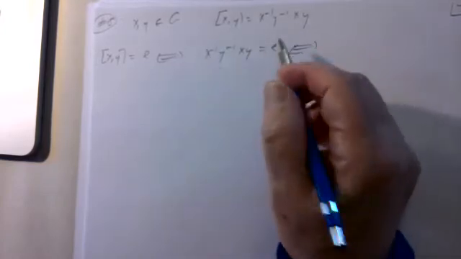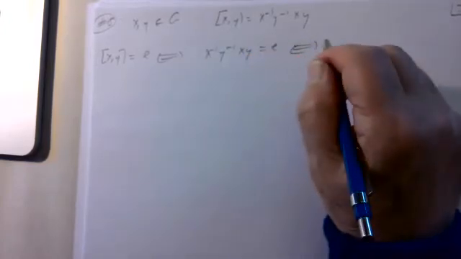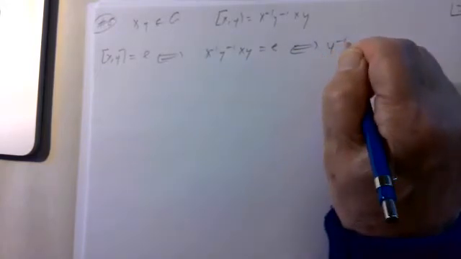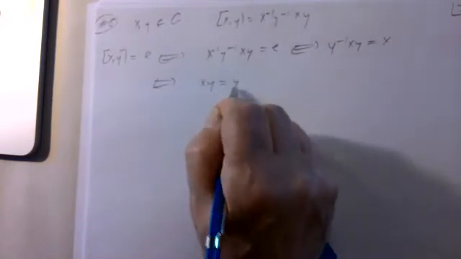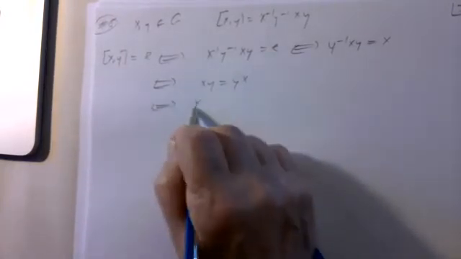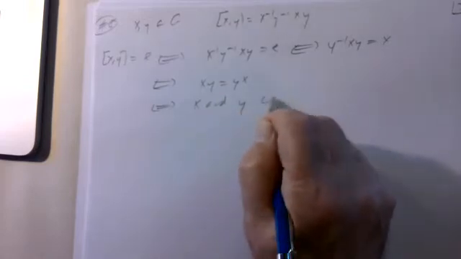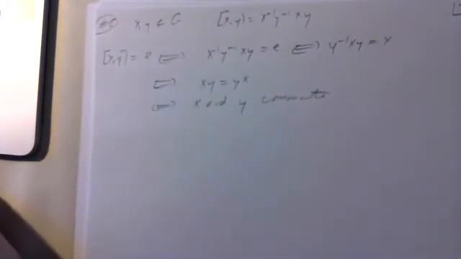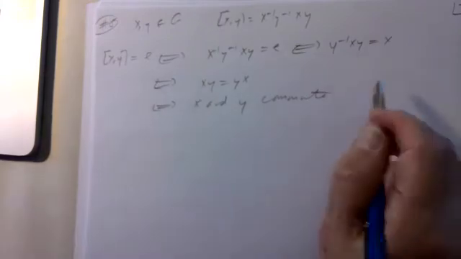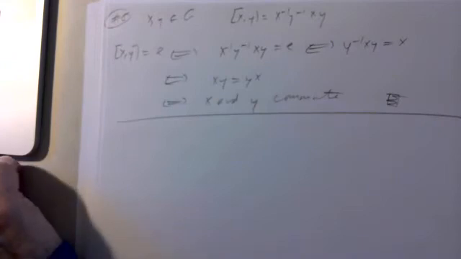If I multiply on the left by X, I get Y inverse XY equals X. If I multiply again on the left by Y, I get XY equals YX. So if and only if X and Y commute. And that's what I wanted to prove.